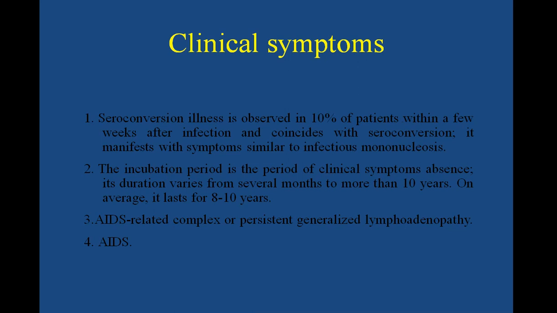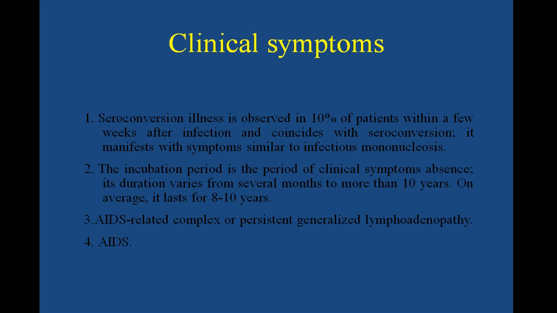Clinical symptoms. Seroconversion illness is observed in 10% of patients within a few weeks after infection and coincides with seroconversion. It manifests with symptoms similar to infectious mononucleosis. The incubation period is the period of clinical symptom absence.